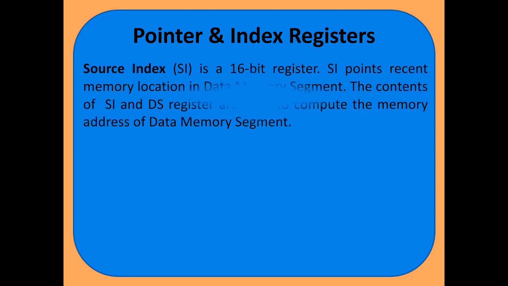Coming to the source index register, it is a 16-bit register which points to a recent memory location in the data memory segment. By using the source index and destination index registers, we compute the memory address of the data memory segment.